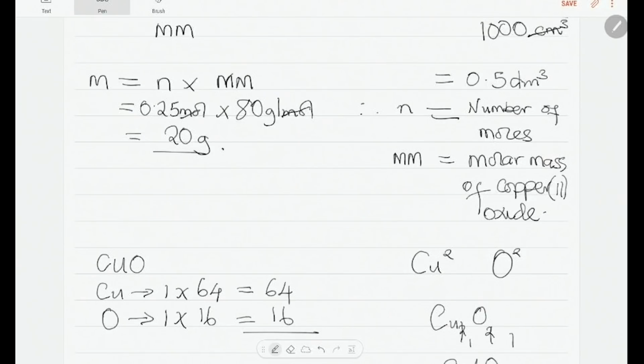Question 9. The table below shows some transition elements and their uses. Which one is the correct use in the contact and Haber process? So we talk about the transition elements which are used in the contact and Haber process. The Haber process is the process by which ammonia is produced. How many elements do we have here?